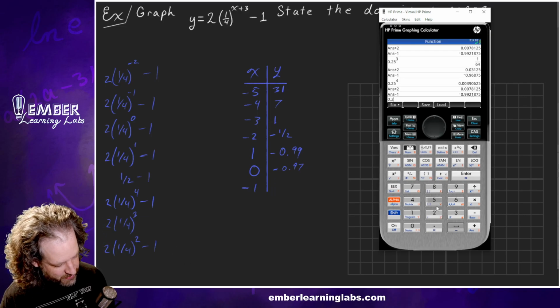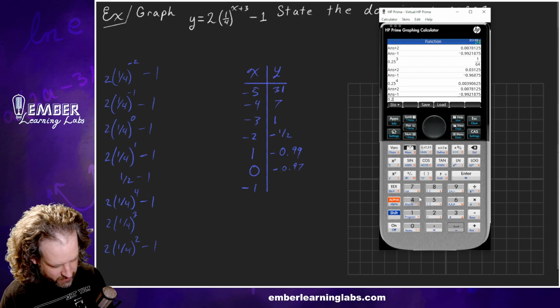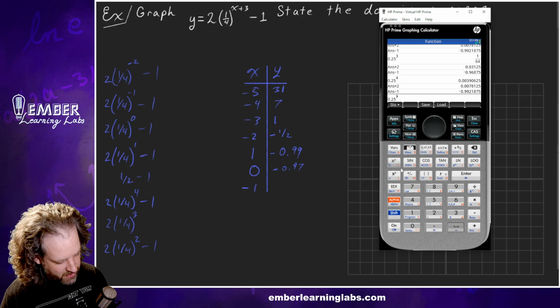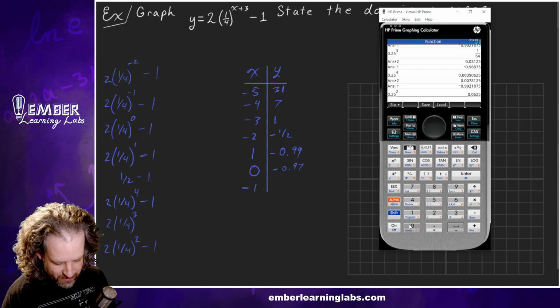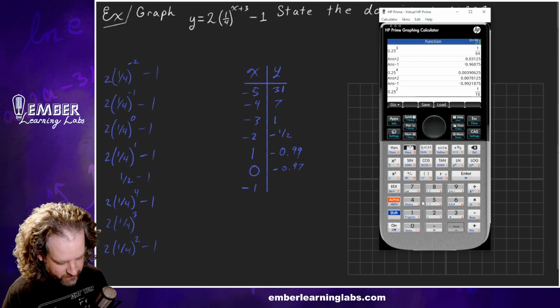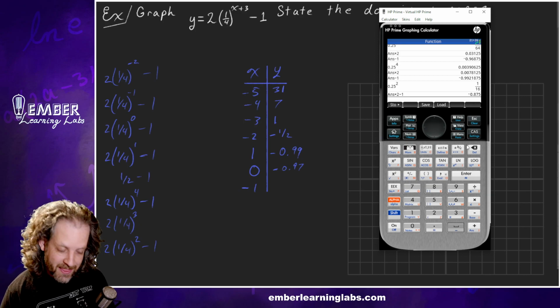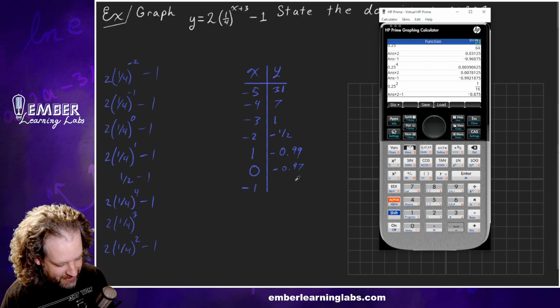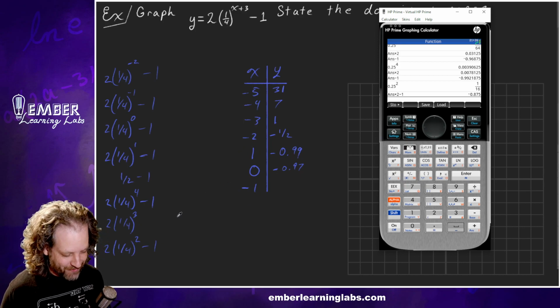So 0.25 squared, which is that, times 2 minus 1 equals that, which, now we can see if we put this in the correct place, we're getting closer and closer to negative 1.